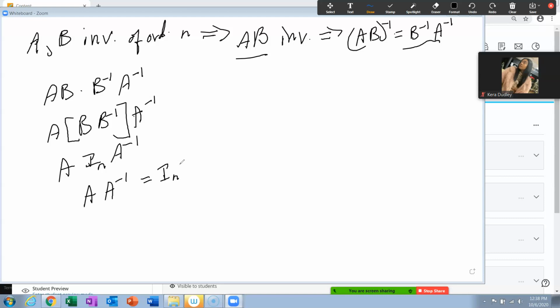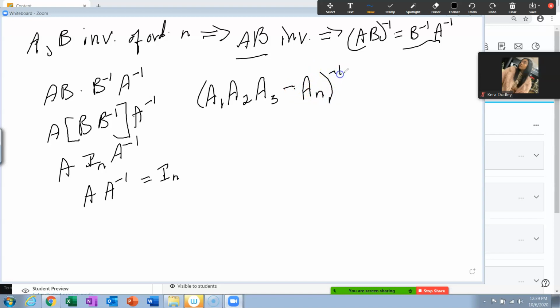Now if you generalize that, you can also say this. What if you have a whole string of matrices that are all invertible matrices? You've got A1, an invertible matrix, times A2, times A3, all the way up to and including A sub n. You have n of these invertible matrices multiplied together.